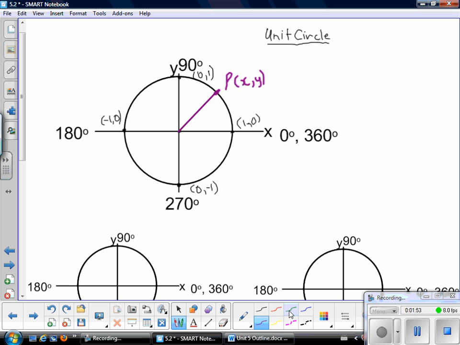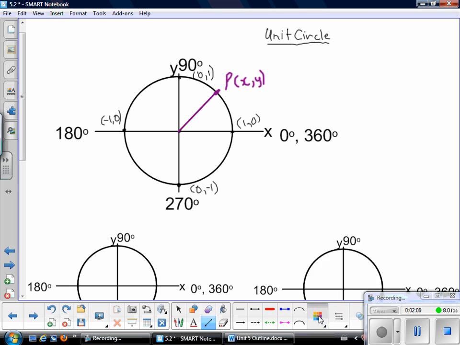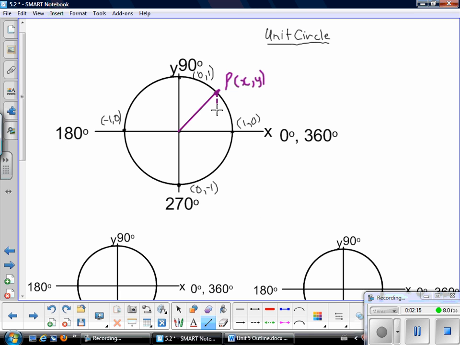The next thing I'm going to do is drop a perpendicular down from P so that it's perpendicular to the x-axis. I will make it dotted and purple to match. So it's a perpendicular, which means that this is a right angle.